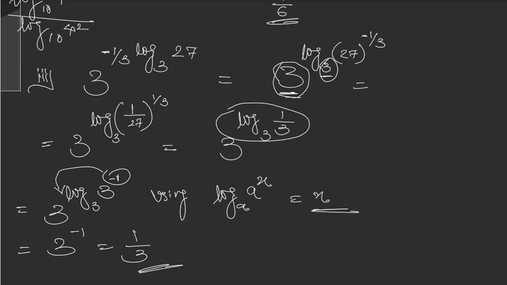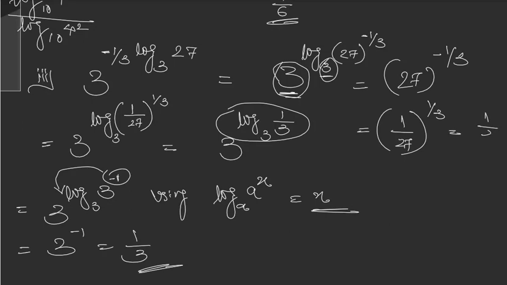You can just forget everything and directly write it as 27 raised to minus 1 by 3, right? So 27 raised to minus 1 by 3 is 1 by 27 raised to 1 by 3, and that is 1 by 3. Directly you get the answer.